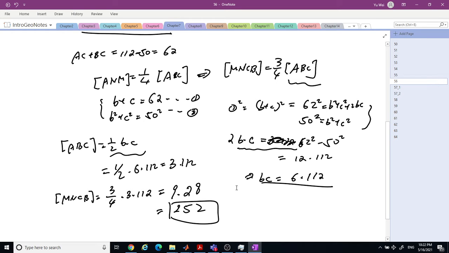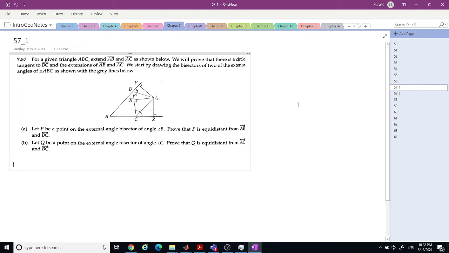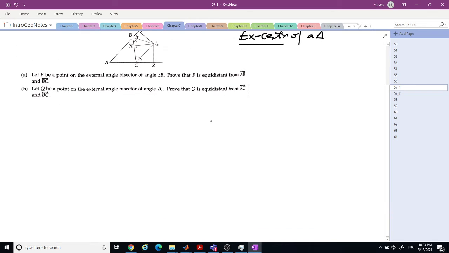Okay, next. So this is the x-center of a triangle. Okay, so let's talk about the x-center.